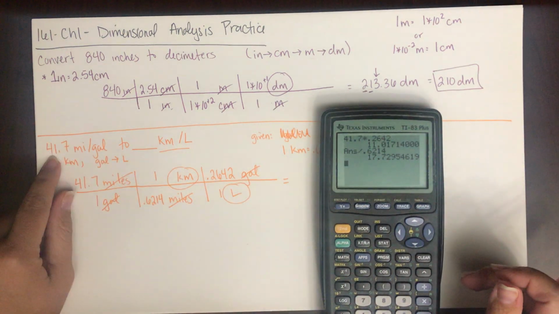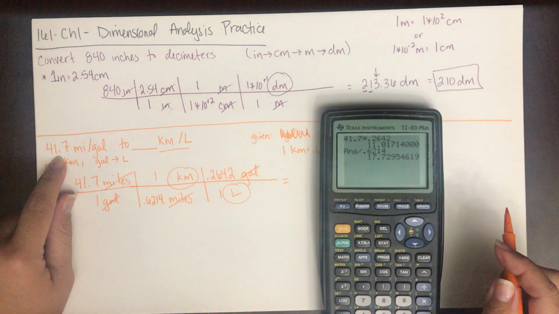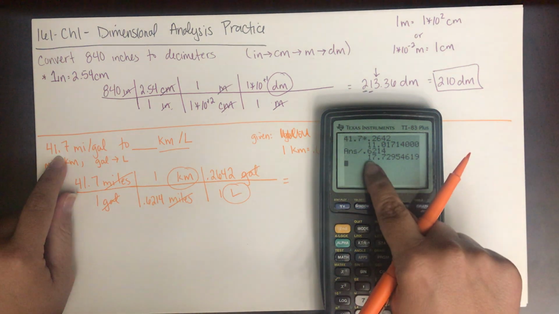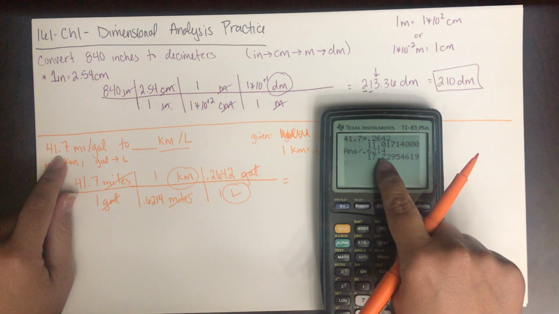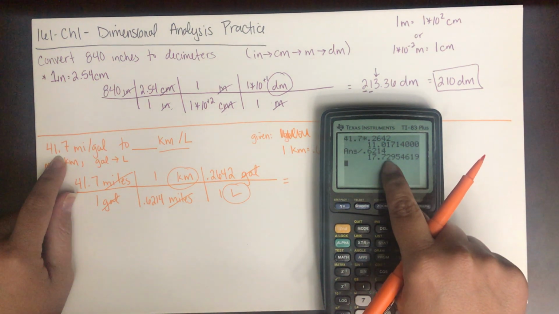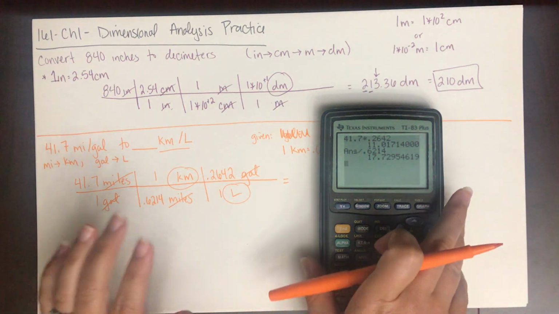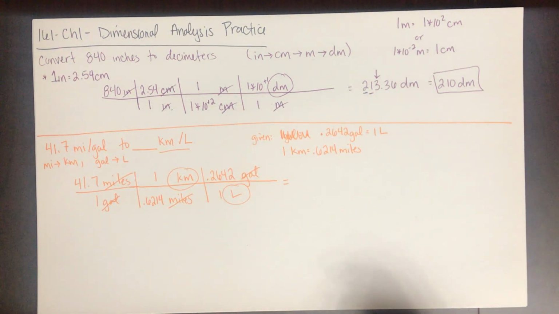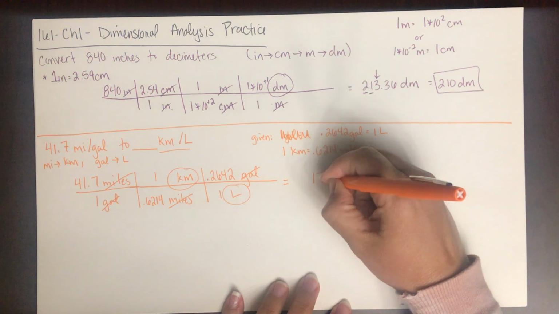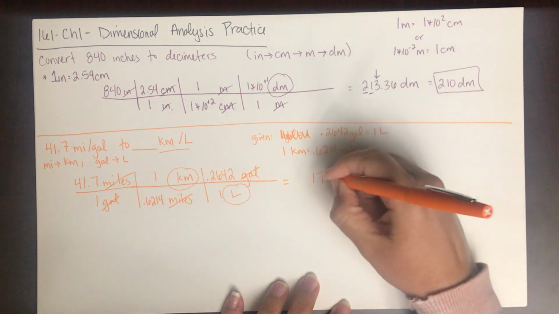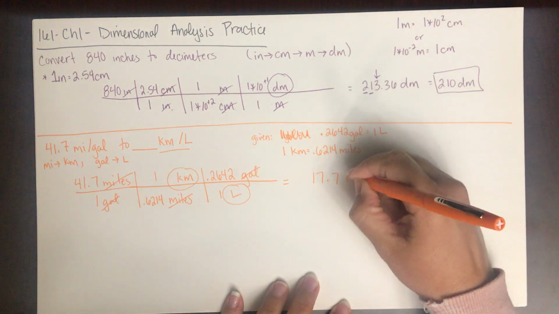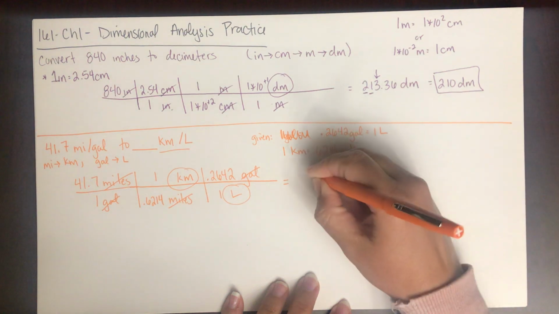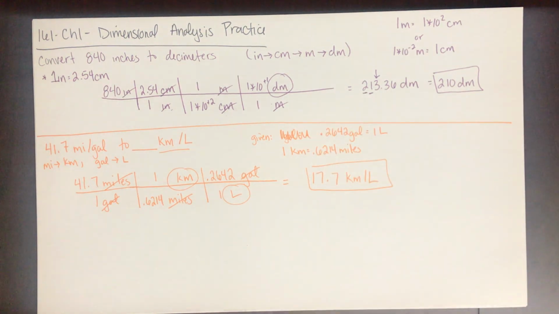I look at my question and I see how many significant figures I should have. I should have 3. So I look here, 1, 2, 3. The next number is a 2, so I am not going to round up. So my answer should be 17.7 kilometers per liter. And that would be full credit.